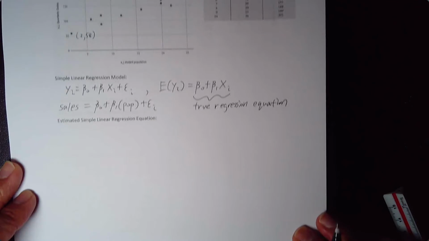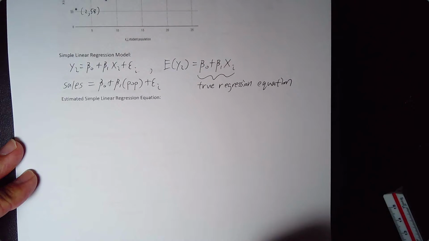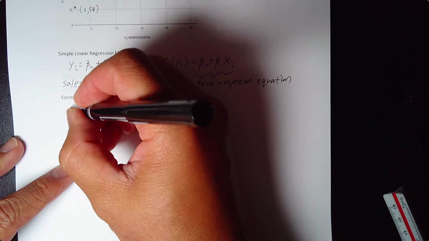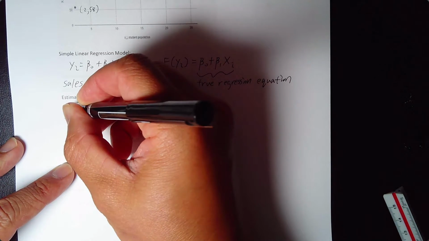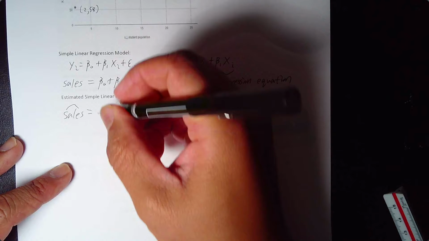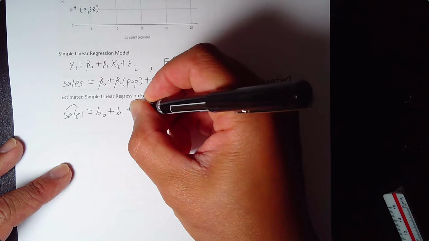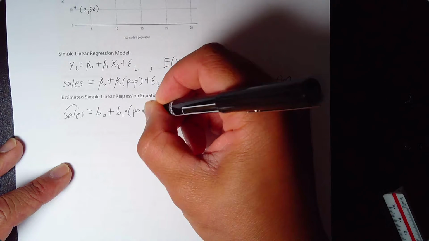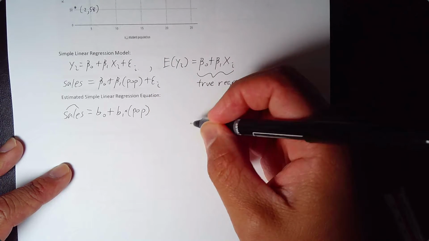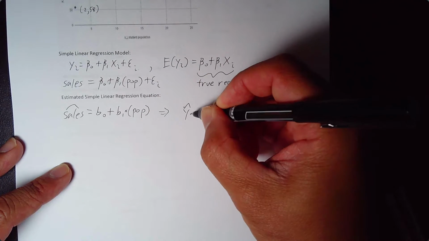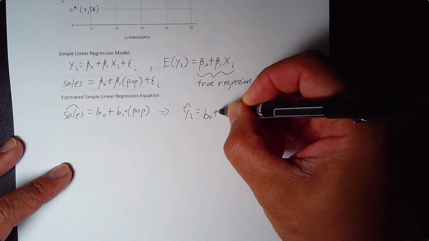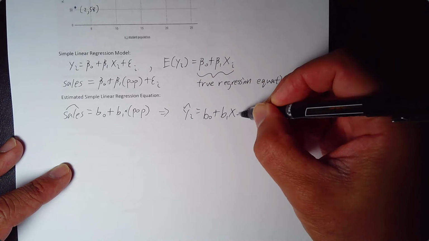So the estimated simple linear regression equation then will be sales hat, the estimated sales, equals b0 plus b1 times the population. In other words, y hat_i equals b0 plus b1 x_i.